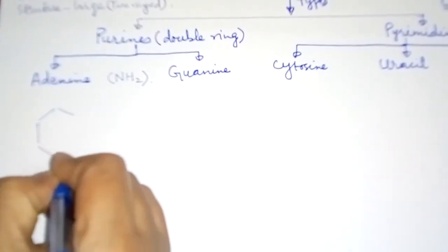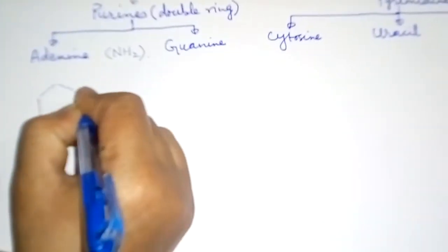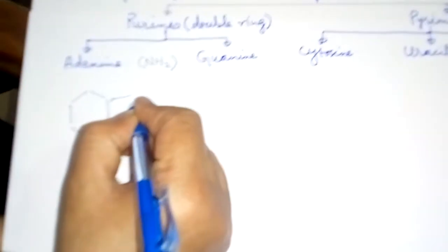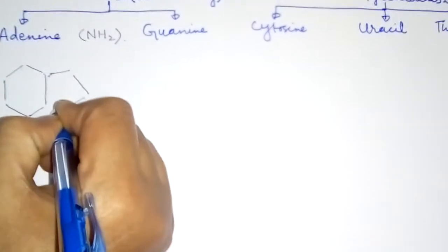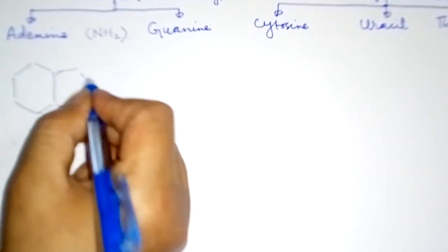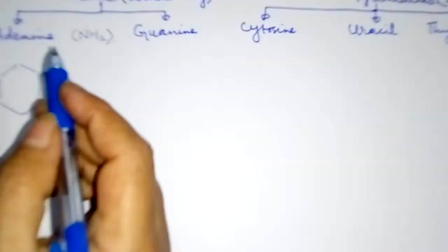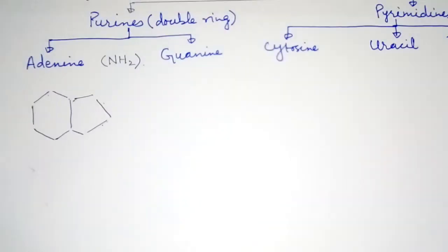One is hexagonal and the other one is pentagonal, with 1, 2, 3, 4 and 5 sides. So this is a double ring for adenine.